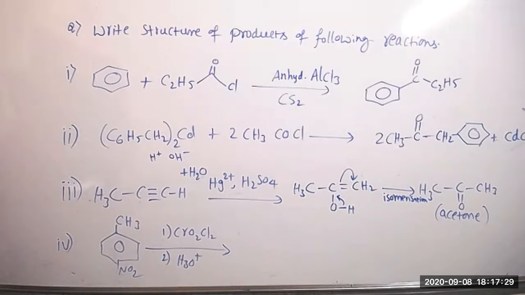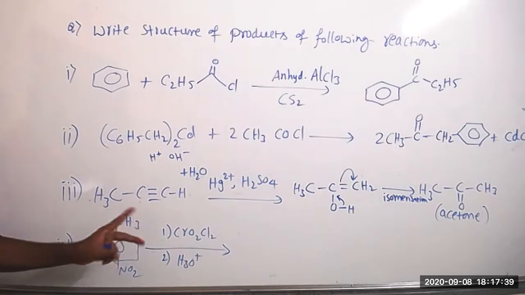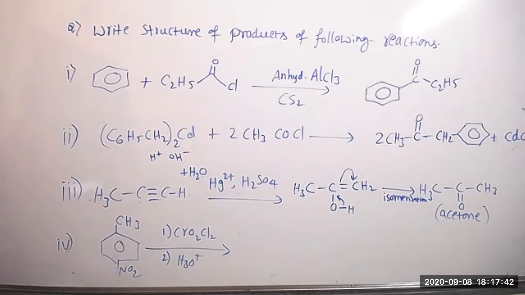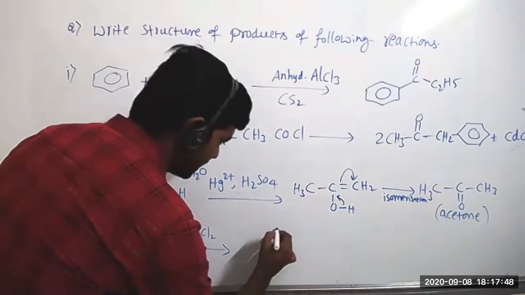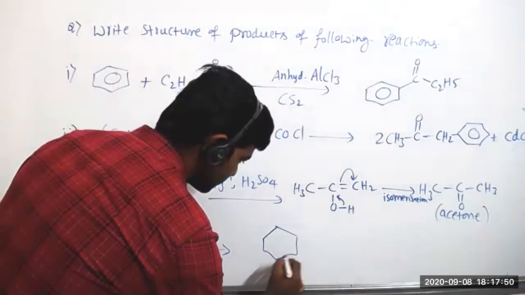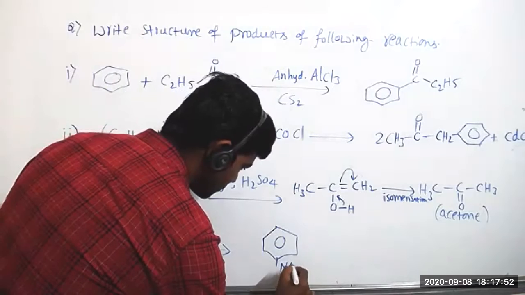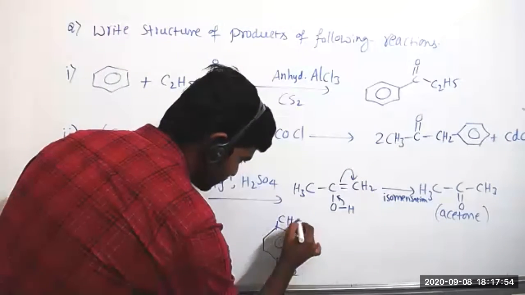See, chromyl chloride test, chromyl chloride reaction. In that reaction, observe that only the methyl group is converted to the aldehyde group. So the remaining part is not affected. Now the product is para-nitrobenzaldehyde. This is changed to the CHO group.